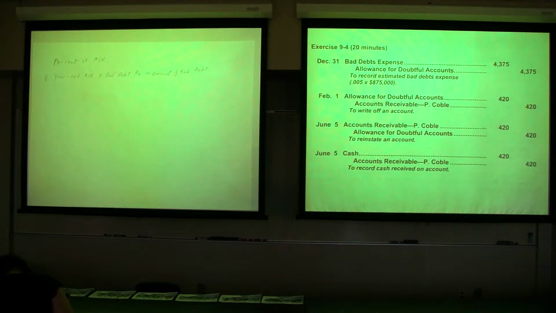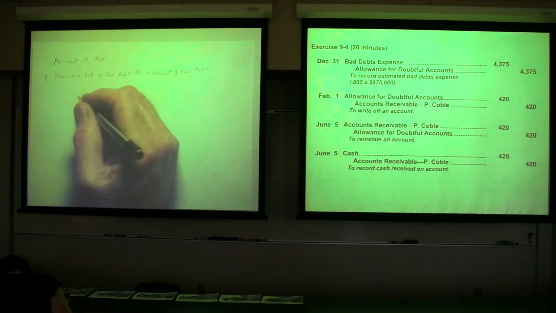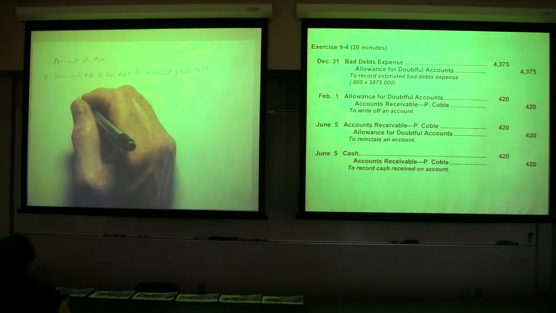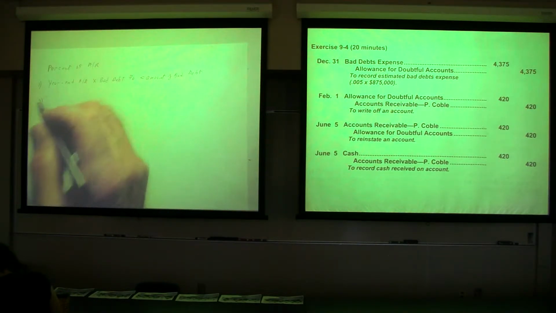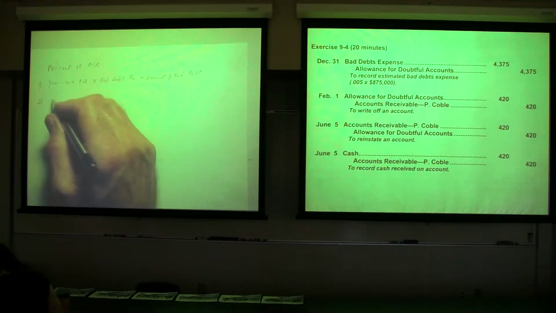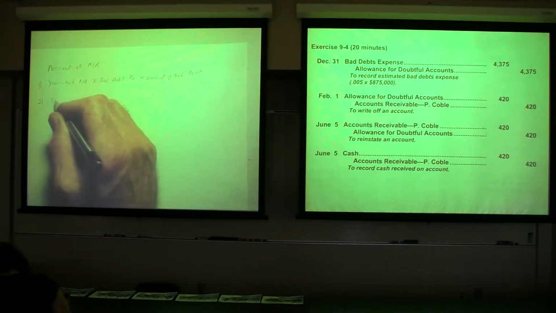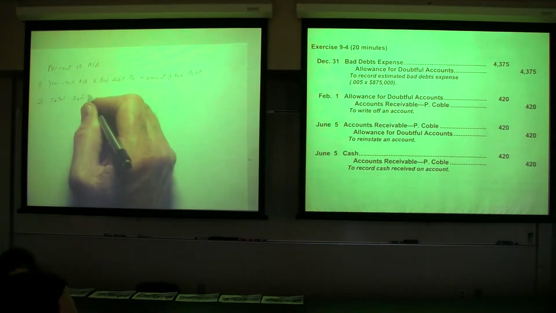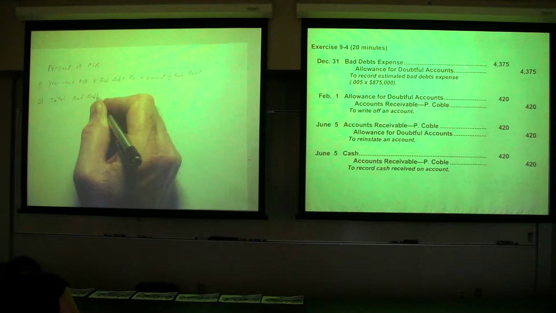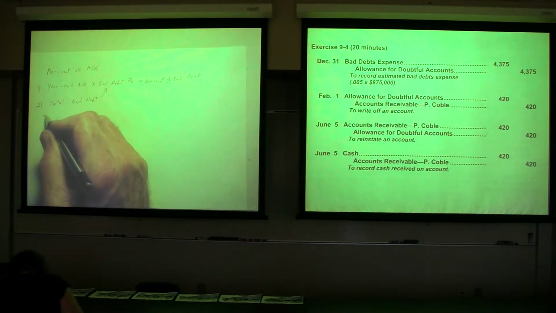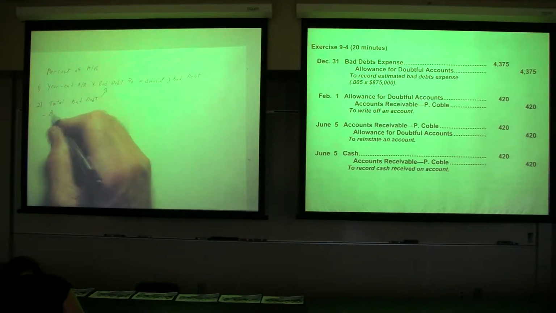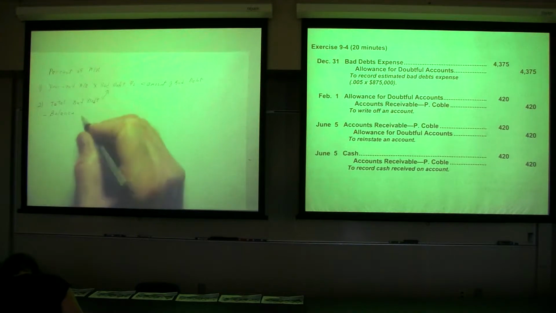And then what you do is you take the total, you take this amount, we'll call it the bad debt expense. So the total is the total bad debt, and that's the one we figured here, minus the previous balance, minus the balance in the allowance.